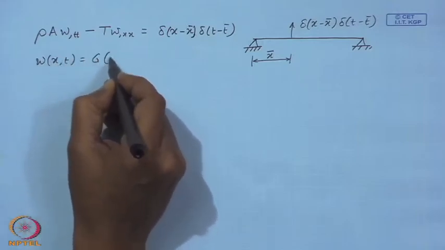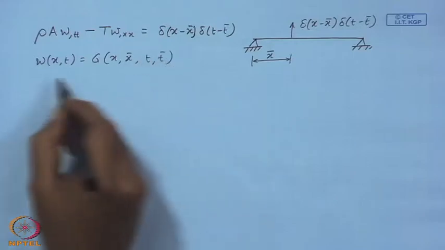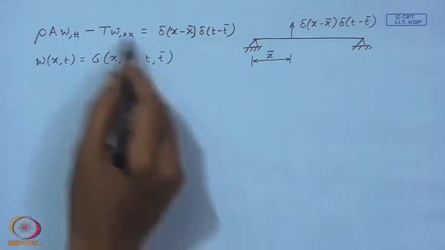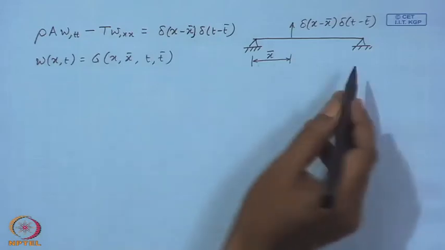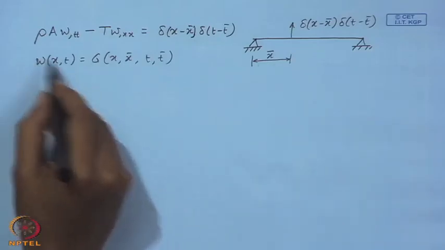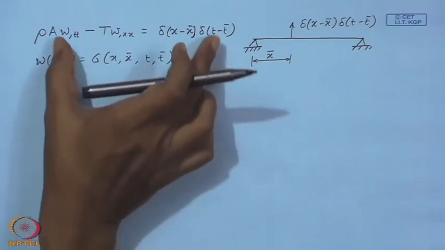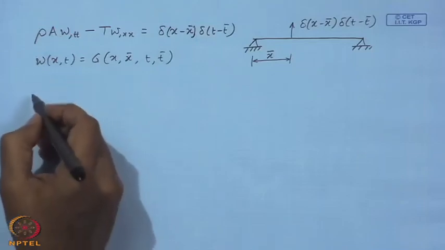And the solution is the Green's function, and we are considering homogeneous boundary conditions and 0 initial conditions. So, first what I will do is to determine this Green's function. So, we have to solve this problem.